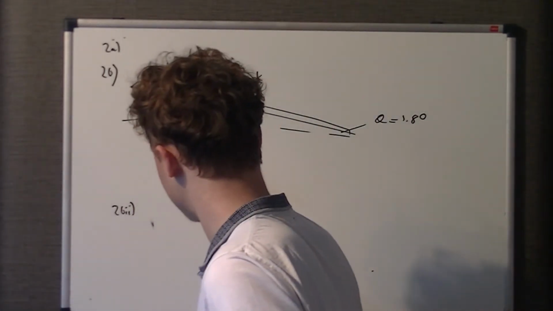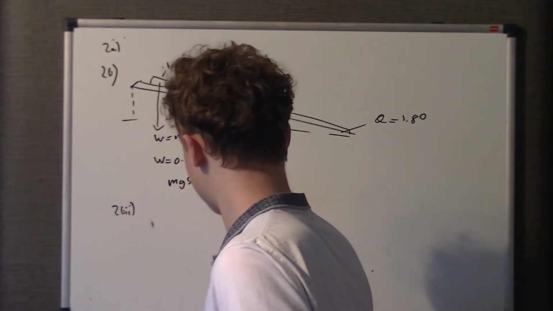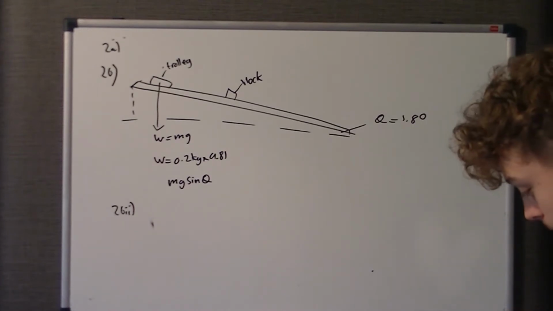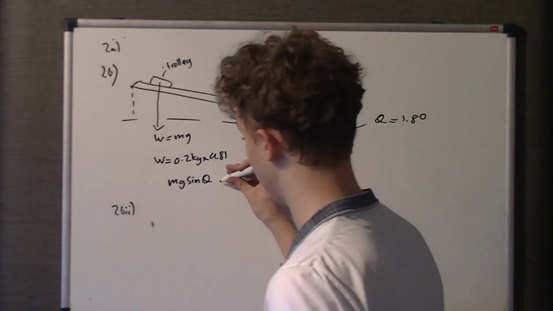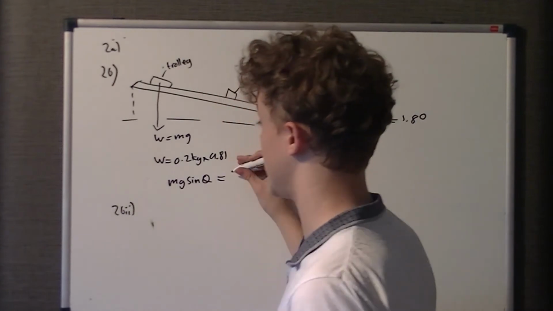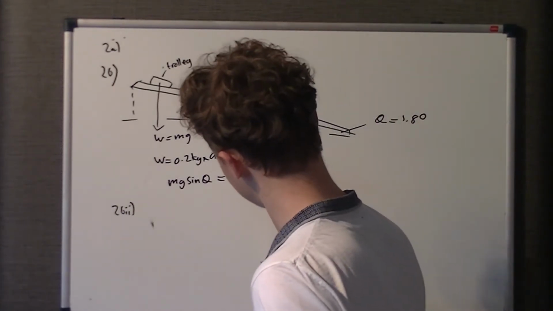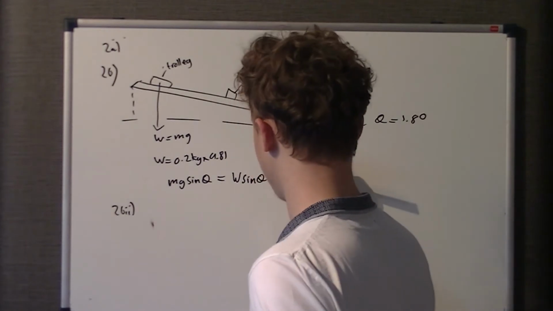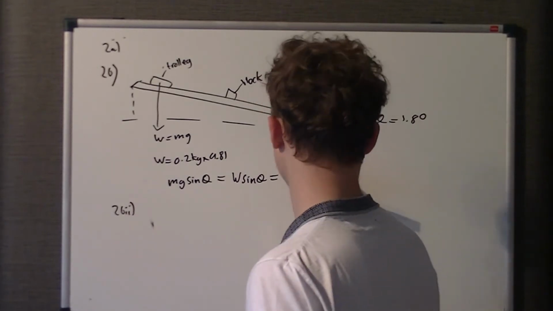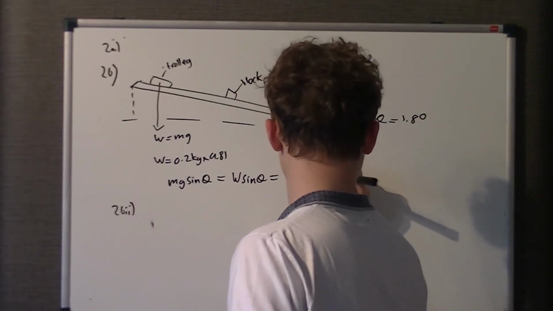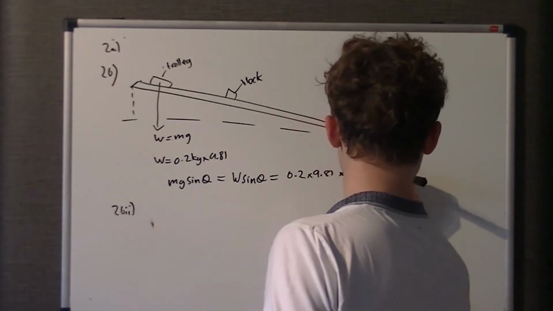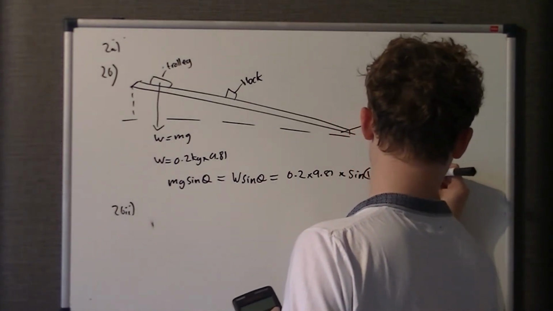So mg sine theta equals the weight along the slope, and we know mg is equal to W. I'm just going to write it as 0.2 times 9.81 times sine of 1.8 equals 0.06.